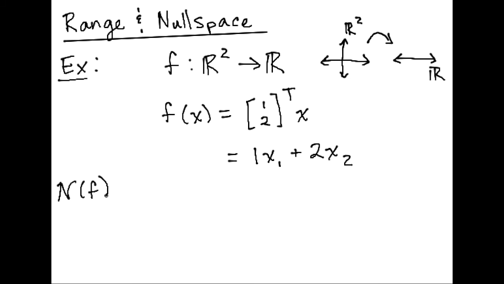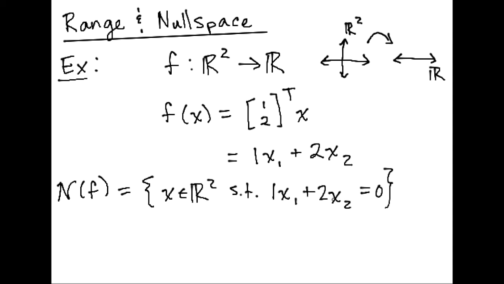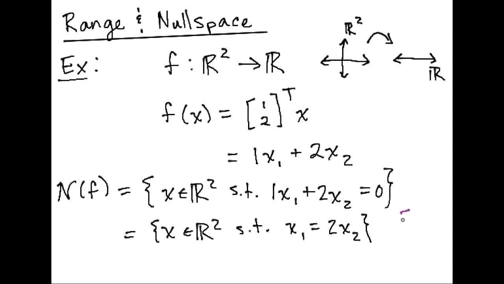Okay, so what about the null space? By definition, it's the set of all x in R2 such that 1 times x1 plus 2 times x2 is equal to 0. But this is just the set of all x in R2 such that x1 is equal to -2x2. This means that elements of our null space can take on several different forms.